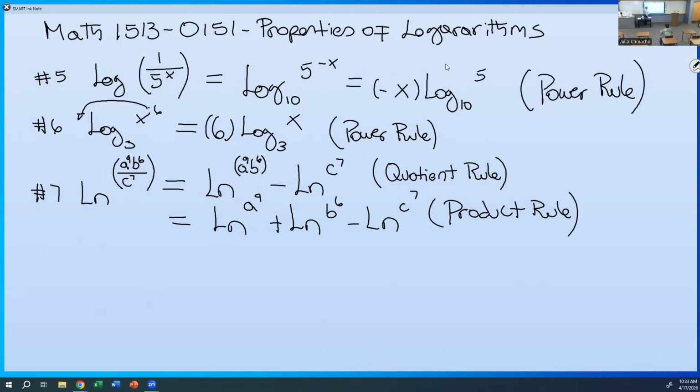You can move the second exponent to the front of the natural log. So we'll put the 9 in the front, 9 times, and you can put in parentheses or not, it's up to you, the natural log of a, plus 6 times the natural log of b, minus 7 times the natural log of c. And that is the power rule.